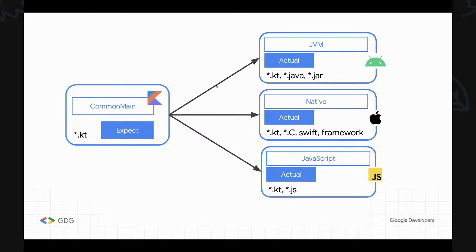After compiling, iOS can't directly use the Kotlin files, so it will generate files that can be used in iOS, like C, Swift, and other frameworks. And even for JavaScript, it will generate JavaScript files. For Android, we have Java and jars.